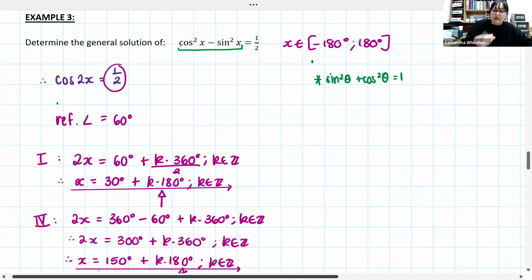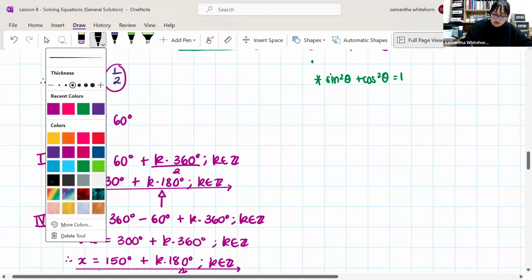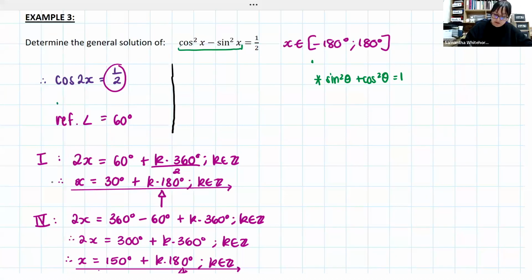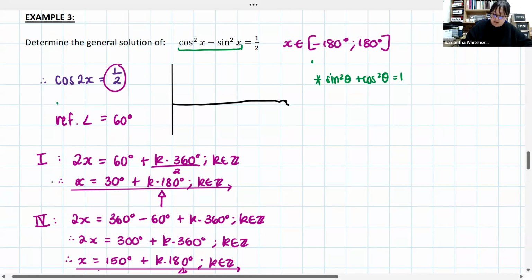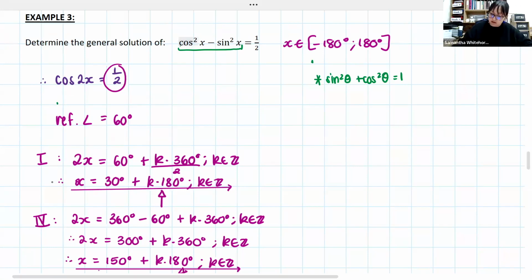Remember, a double angle means that your graph, I never know how to say this in proper words, but the cycle of the graph repeats faster. So what that means is a normal cos graph will look something like this.